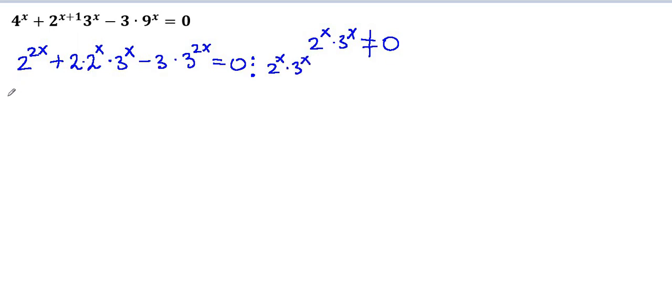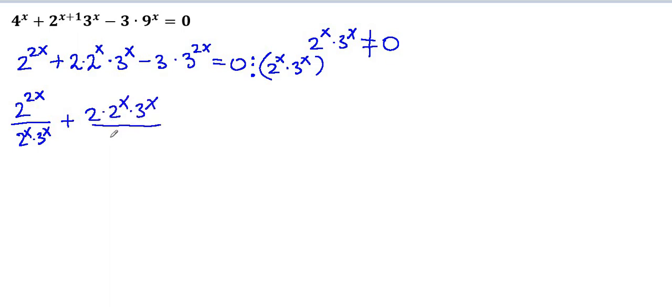So therefore I will get, let me write in the bracket, 2 to the power of 2x divided by 2 to the power of x times 3 to the power of x, plus 2 times 2 to the power of x times 3 to the power of x divided by 2 to the power of x times 3 to the power of x, minus 3 times 3 to the power of 2x divided by 2 to the power of x times 3 to the power of x, is equal to 0, since if I divide 0 by 2 to the power of x times 3 to the power of x, I'll get again 0.